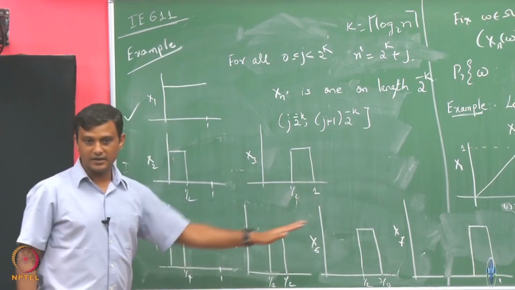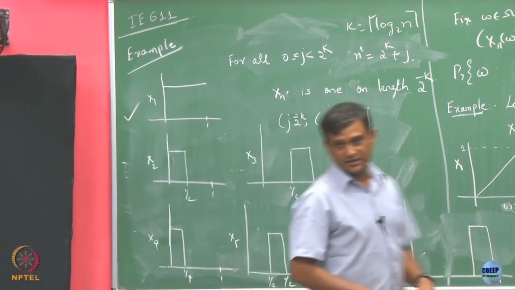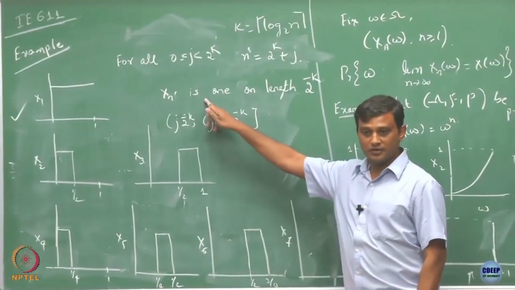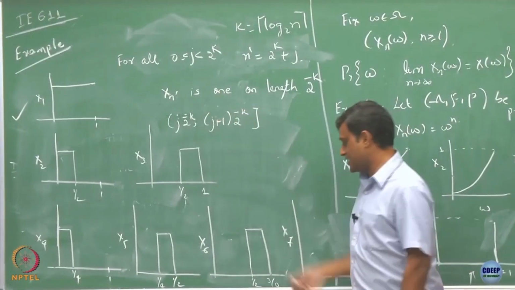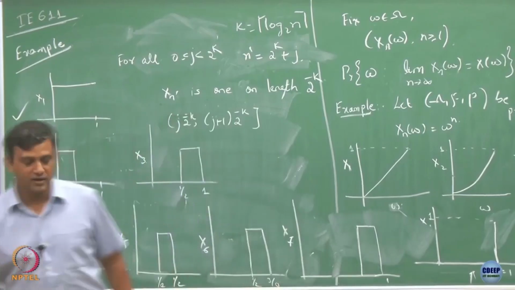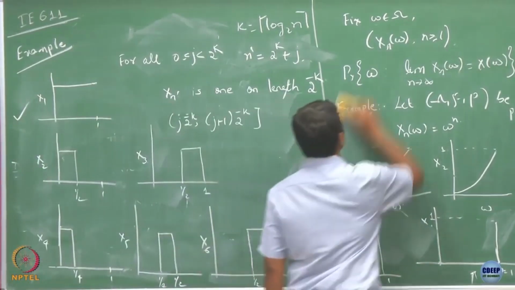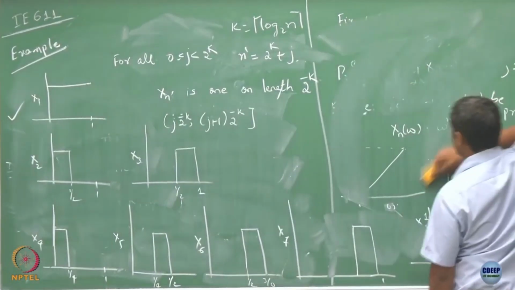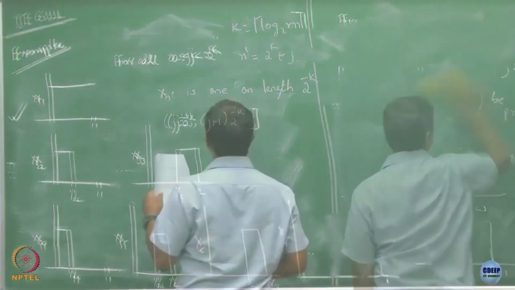So you can generalize this description of your xn's and then you have a sequence of xn. And now let us try to understand, if I have a sequence of random variables like this, where do they converge?